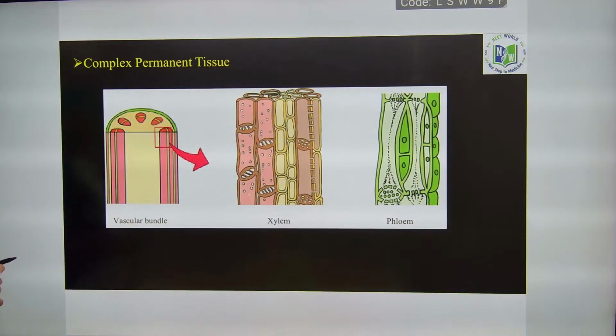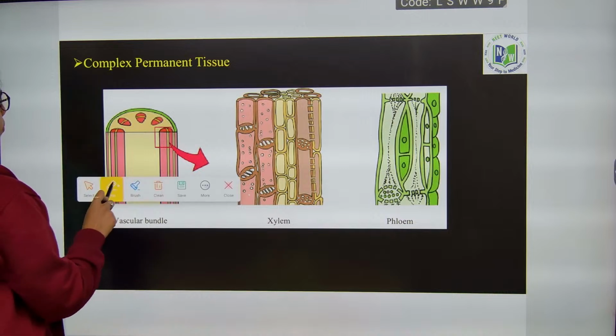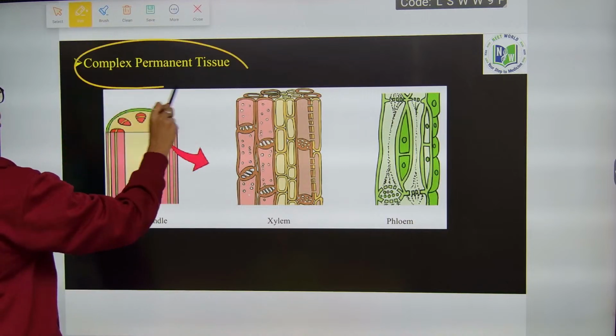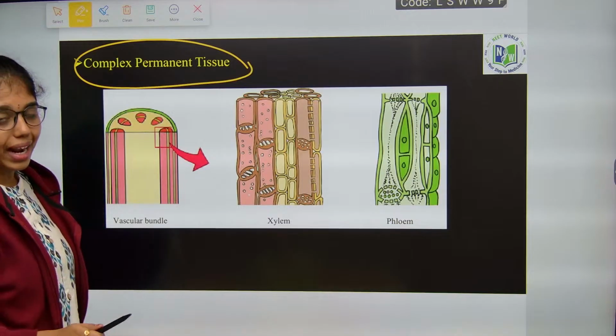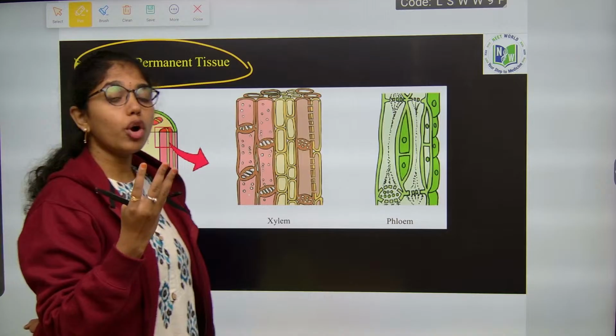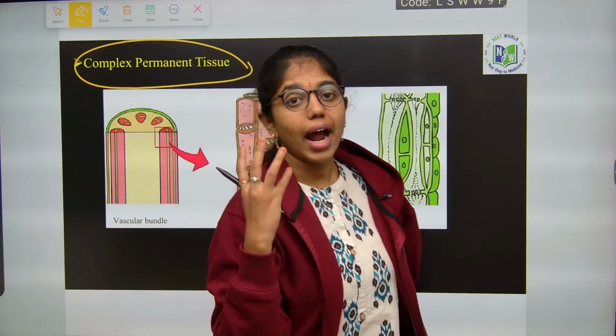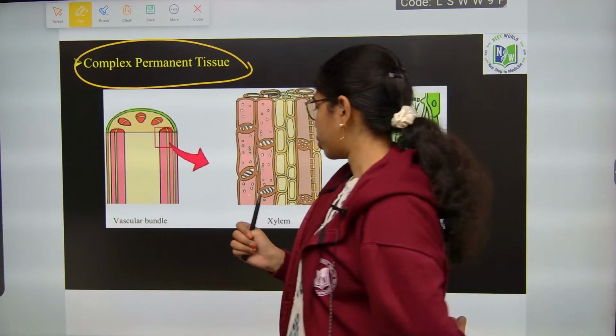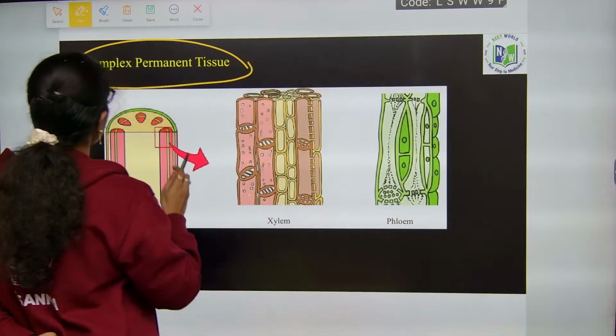Complex permanent tissues include xylem and phloem, where if you consider the advanced division of the plant kingdom, that is angiosperms, angiosperms will have 4 components in xylem tissue and 4 components in phloem tissue. So what are the 4 components of xylem tissue?